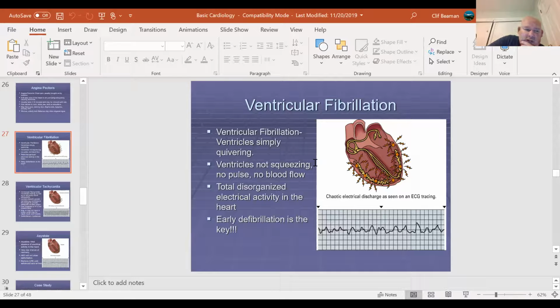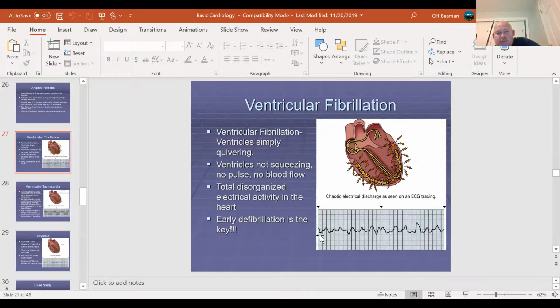It's disorganized. And do you guys see this rhythm strip down here, under the heart picture? That is indicative of a VFib rhythm. It is just total chaos. You will not see P waves. You will not see QRSs. You will not see T waves. You will just see craziness like this.